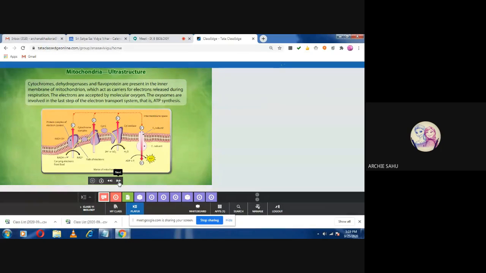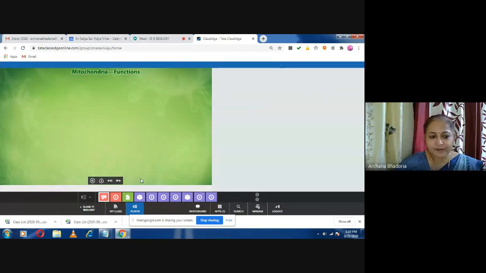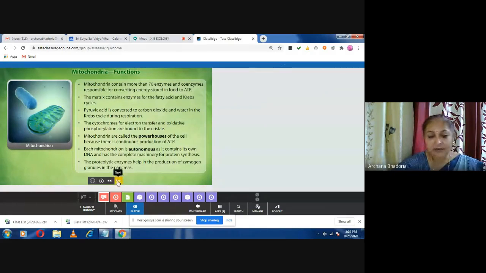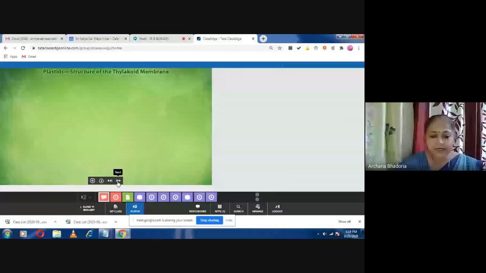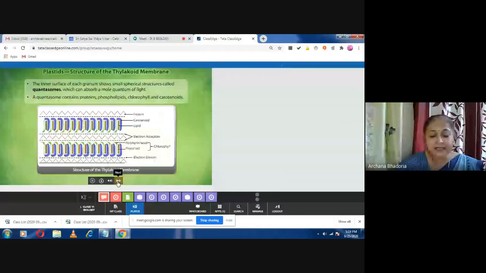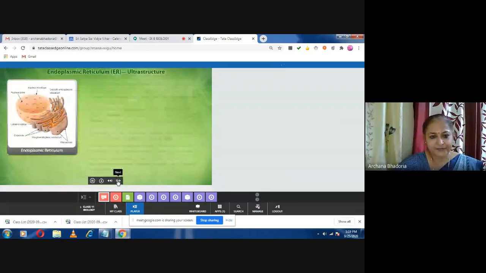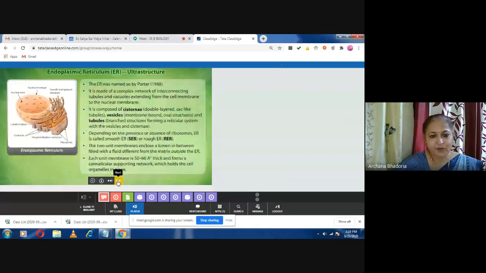Double layered sac-like tubules. Okay, double layer, and they are flat sacs. Thin flattened sacs. Okay, thin flattened sac-like tubules.